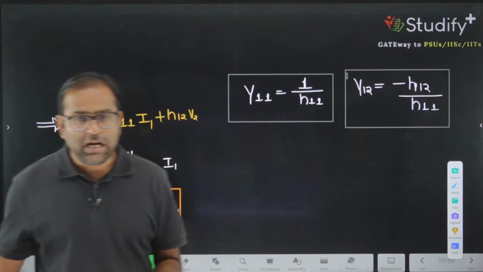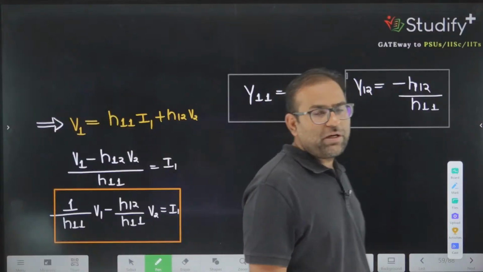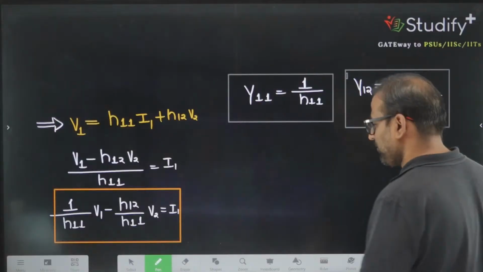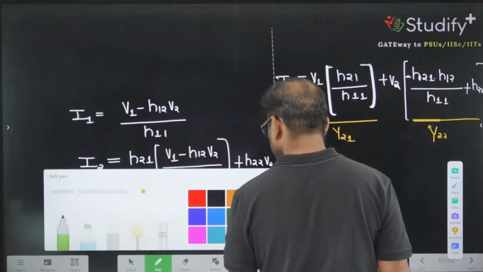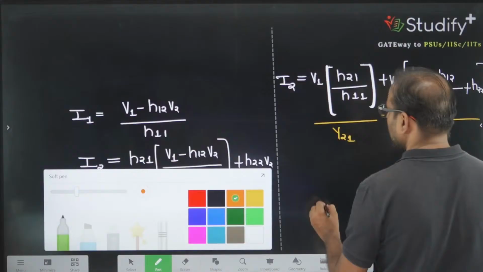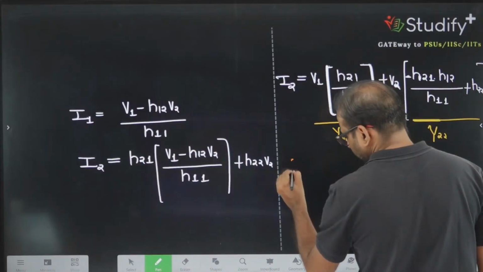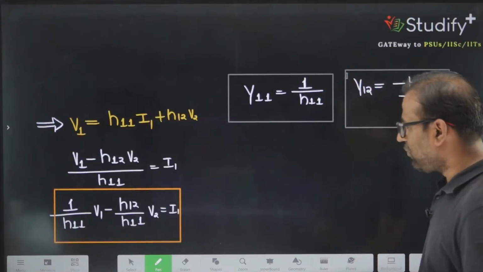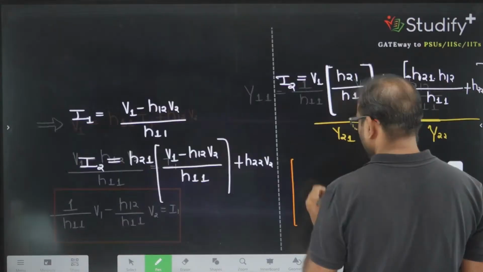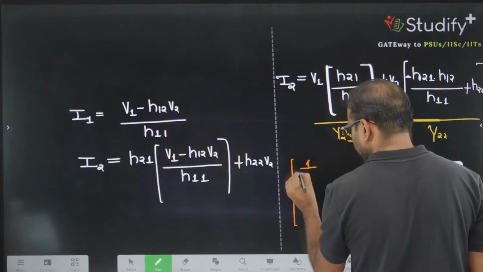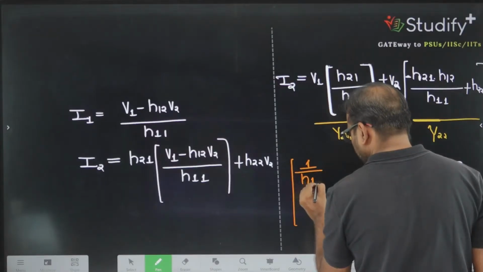And if you will evaluate the condition, all the condition will be same. Means I can say, what is Y11? So Y11 is given by 1 divided by H11.